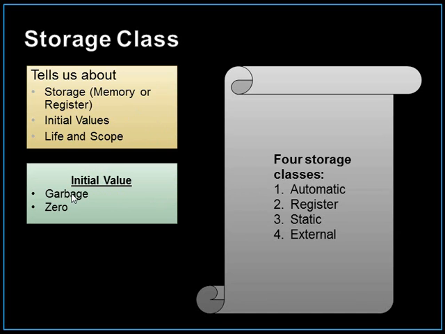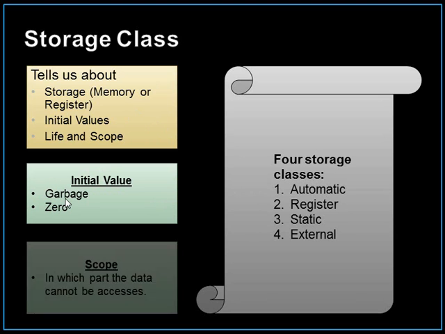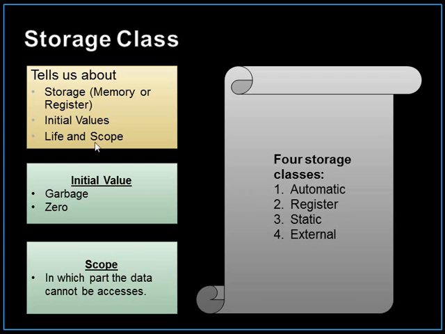When a variable is declared, it may contain a garbage value or it may be 0, right? And we talked about life and scope. Scope means you declare some variable in one part of your program, and if you want to access it from some other part of your program, then you cannot access it because its scope is limited. Scope is nothing but a term which tells us in which part of the program the data can or cannot be accessed.